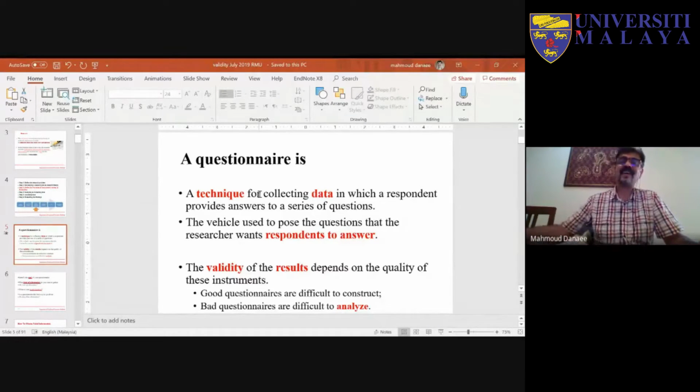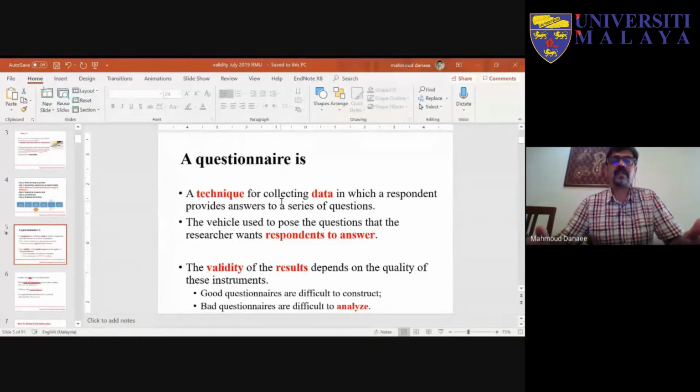The questionnaire is a method or tool to collect data from the target population, and of course that tool or instrument should be validated and reliable before starting data collection.